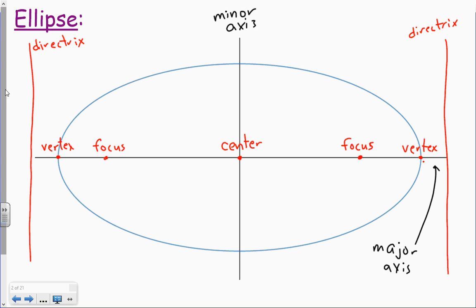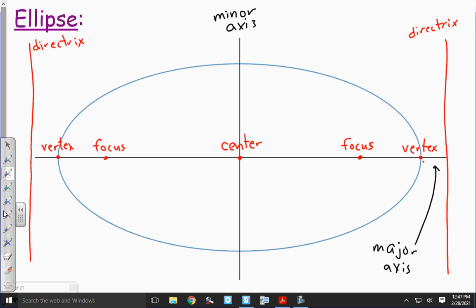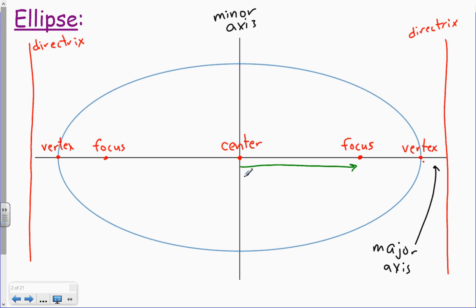We are going to measure some different distances along this, so I'm going to sketch those in here. If I measure the distance from the center to the focus horizontally here, this distance right here, we call that the focal radius, and we name that C. So that's C. If we measure the distance from the center to the vertex, I'll draw that horizontally here, that distance right there is what we call the major radius.